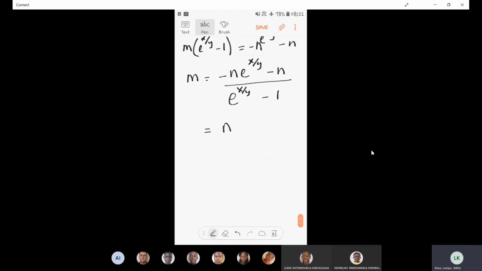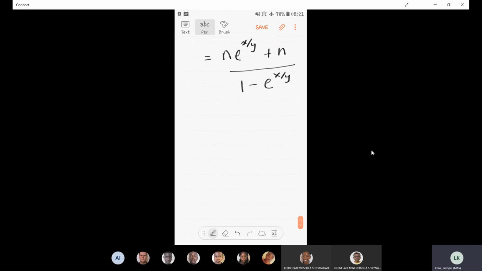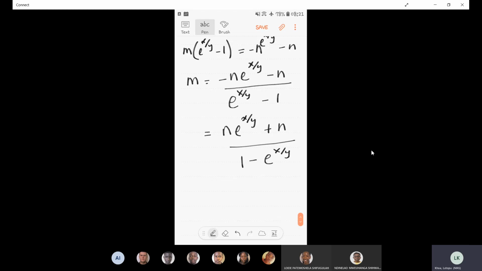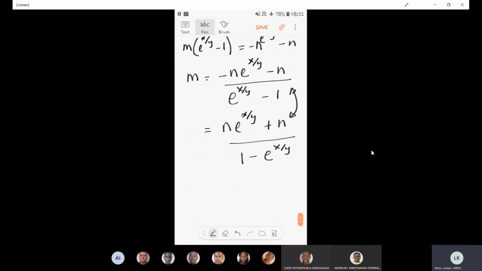This is n e to the power of x over y plus n over 1 minus e to the power of x over y. So you can take a look at that one and then try and figure out how did I change from this to that. The only reason I changed it is because it looks better. We usually don't like to have all negative terms in the numerator.